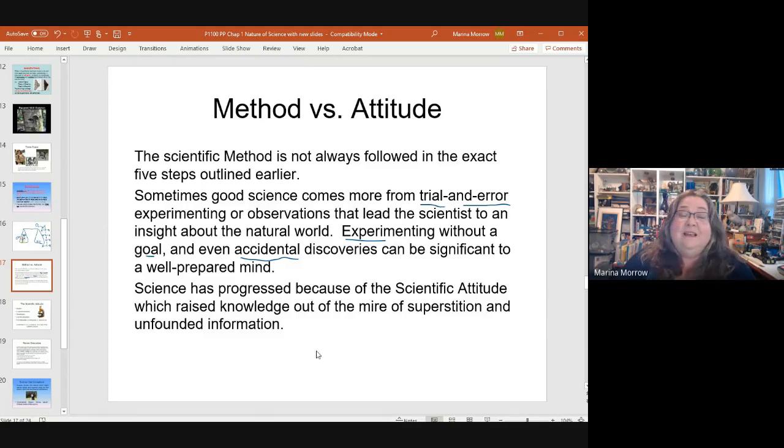Of course, we've been having all these issues with the coronavirus and people coming up with solutions that aren't good ones, and people worried about vaccines. So there's a lot of superstition and unfounded information still out there that science constantly has to fight against. So let's look at this scientific attitude.